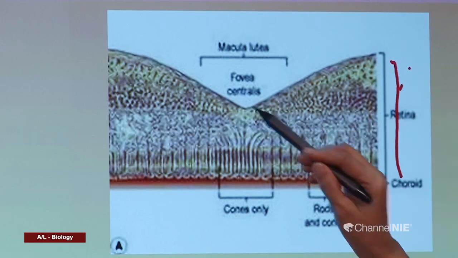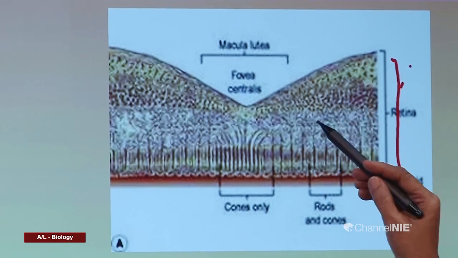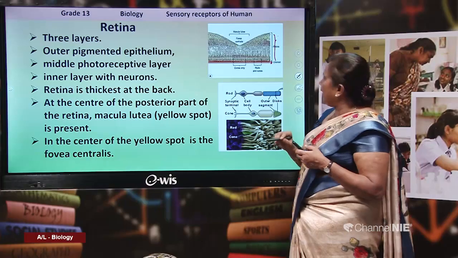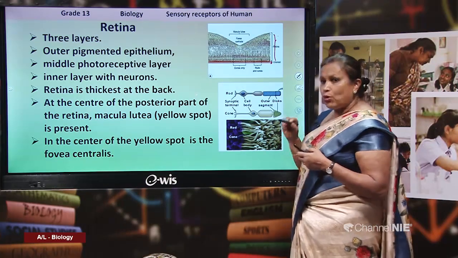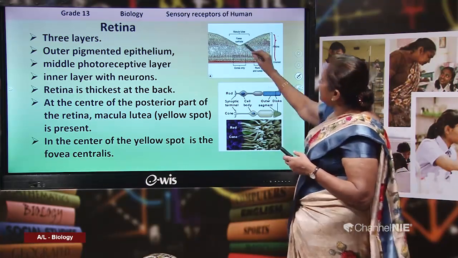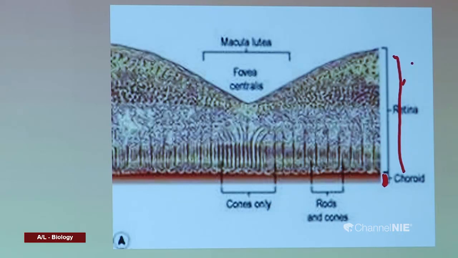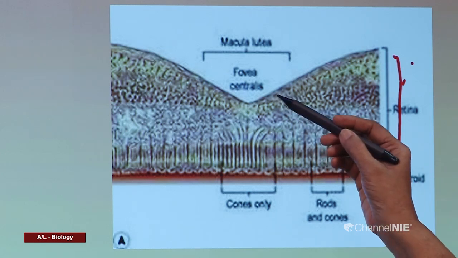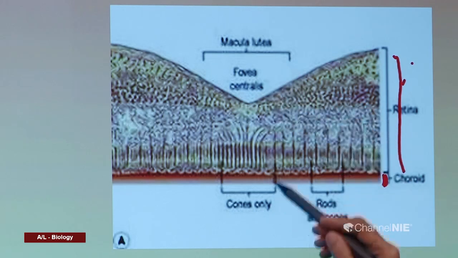Now the retina at the back contains a certain area with a small depression. This area is called the macula lutea and the depression is called the fovea centralis. The important thing in this particular region is the macula lutea and the depression mainly.